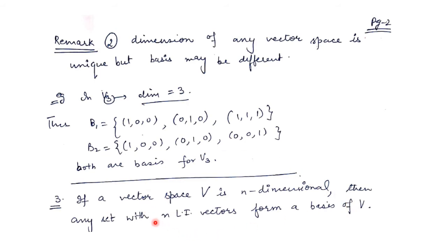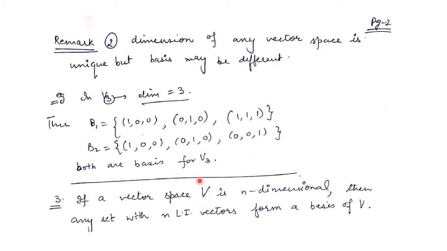We need not check the second condition, that the set generates V, meaning the span of that set is equal to V. We just need to check that the number of elements is n and that all these vectors are LI. If these two conditions hold, then it becomes a basis for V.